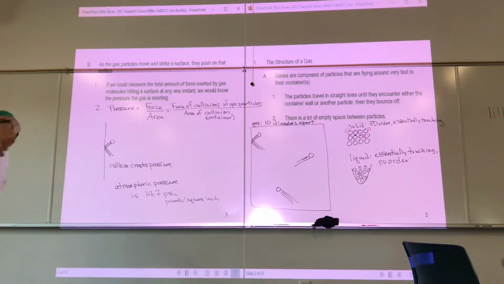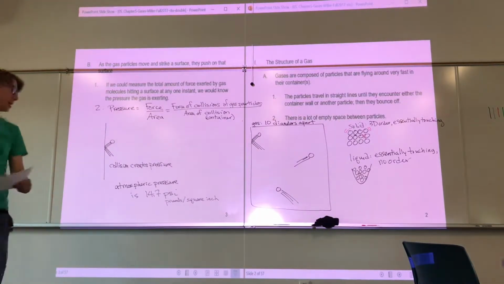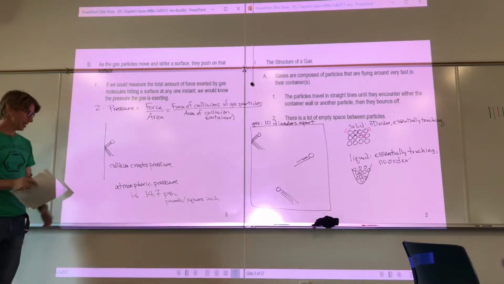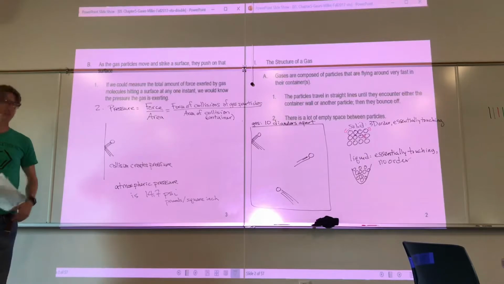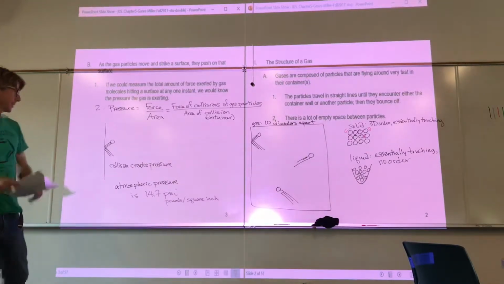Because there's nothing holding it there anymore. And that's an issue. So then you need clothing that holds your flesh onto your body, or you need to pressurize the atmosphere to create that atmospheric pressure. That is what keeps our flesh on our bones. Very real life. Okay, any questions about this?